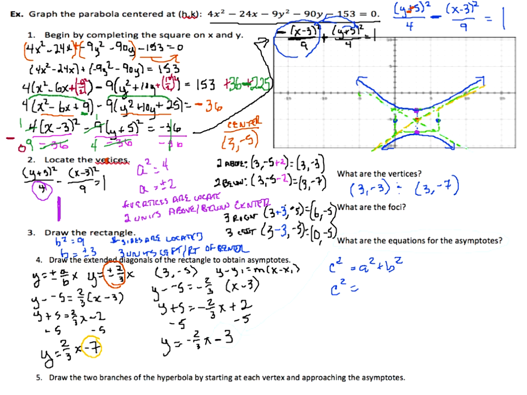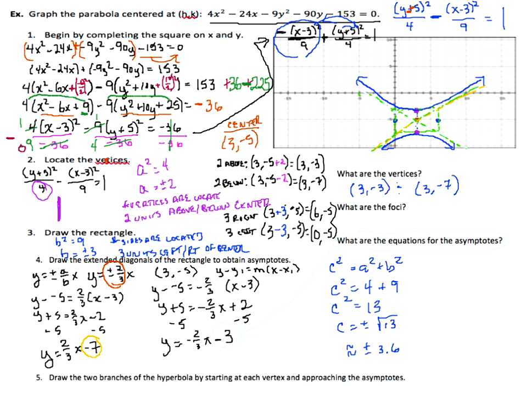C squared is equal to, okay, so my a squared is 4, plus 9 is my b squared. C squared is 13. C is the positive and negative square root of 13, which is approximately positive negative 3.6.